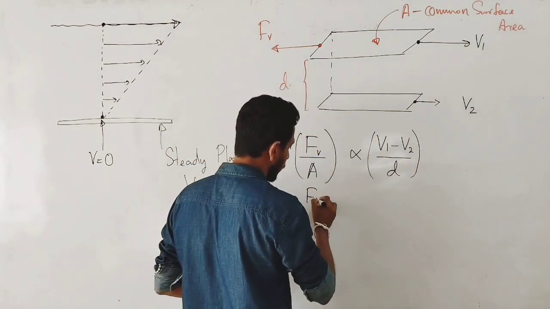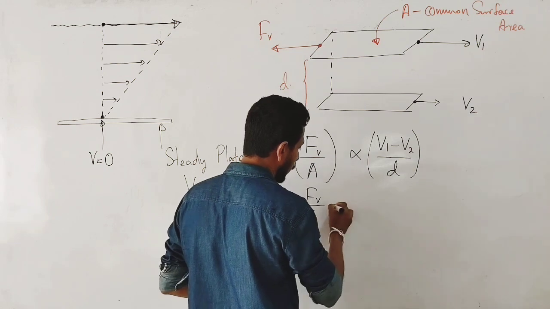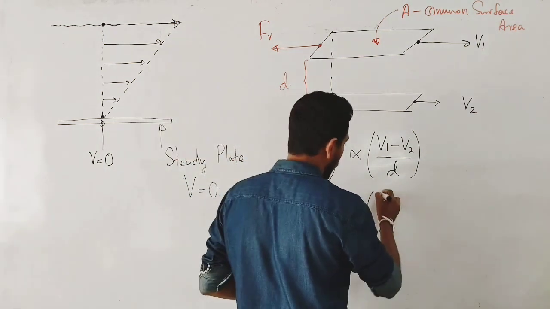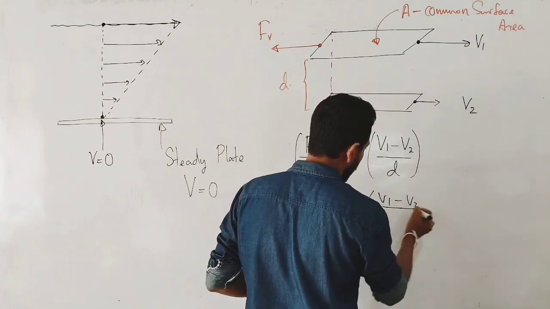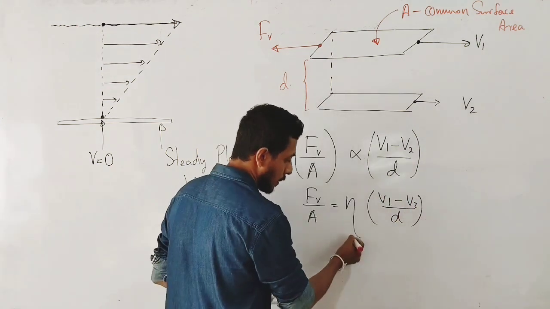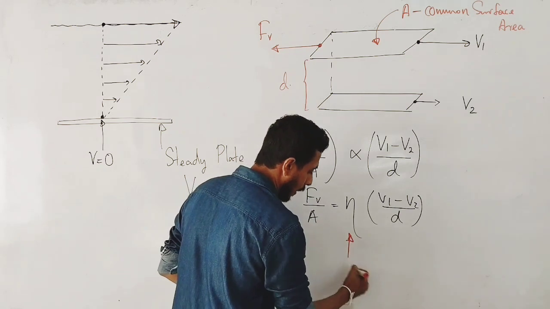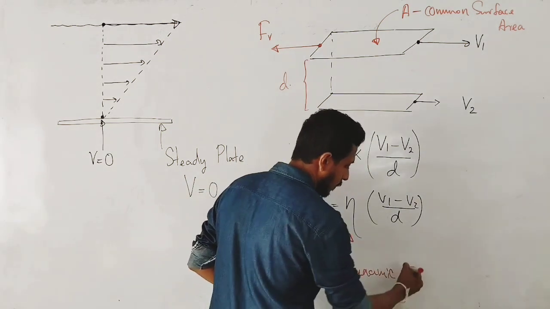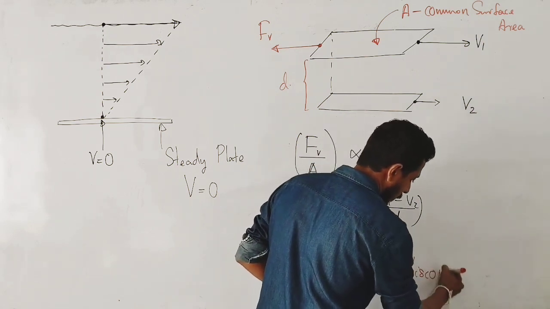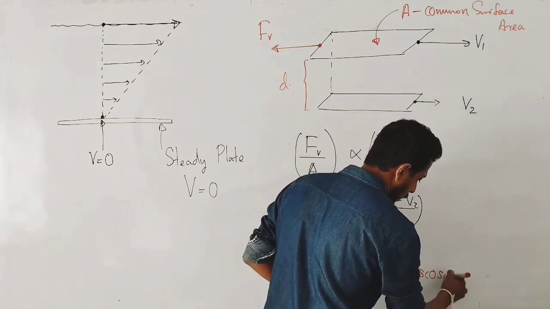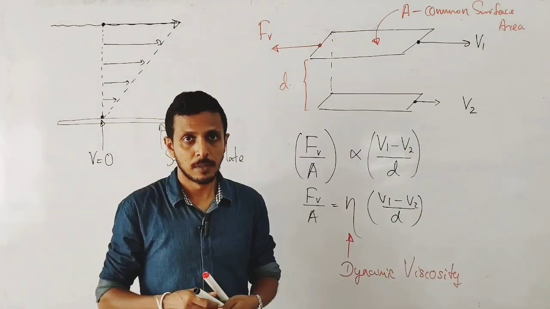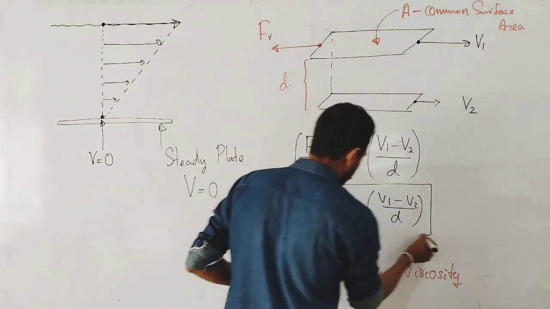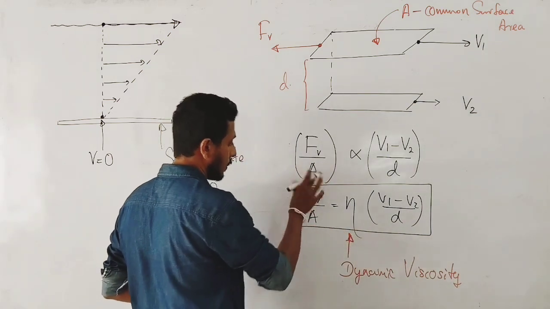We can replace this proportional sign with a constant. The constant is eta. That is called the viscosity coefficient, the symbol is eta, and we call this the dynamic viscosity. This is the main formula that we are going to use for all our calculations.